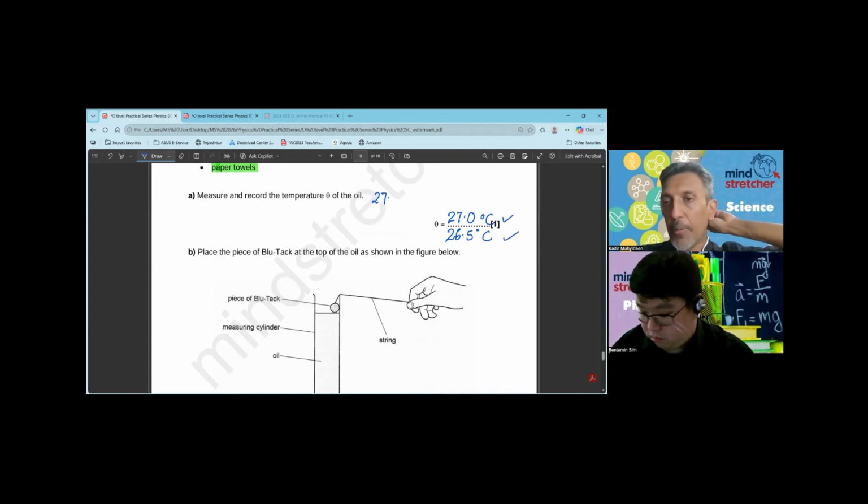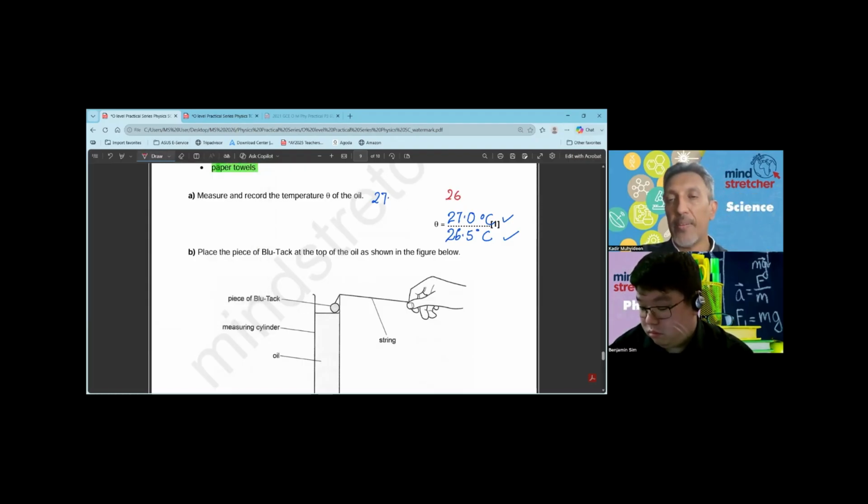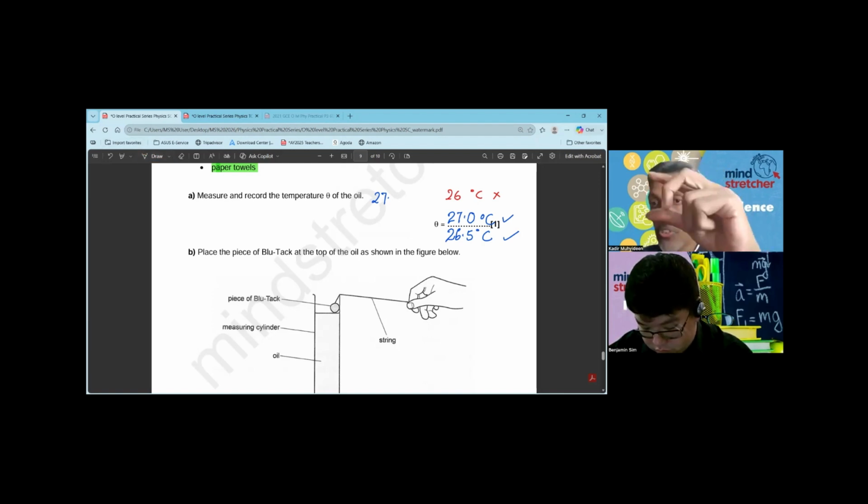These are all acceptable. What is wrong is if you just put 26. You must have the 0.0, and the units. If your thermometer reads to 0.0 or 0.5, then you cannot try to read in between. You cannot say 0.1 or 0.2 if it's not to that accuracy. Here it jumps in 0.5 degrees.